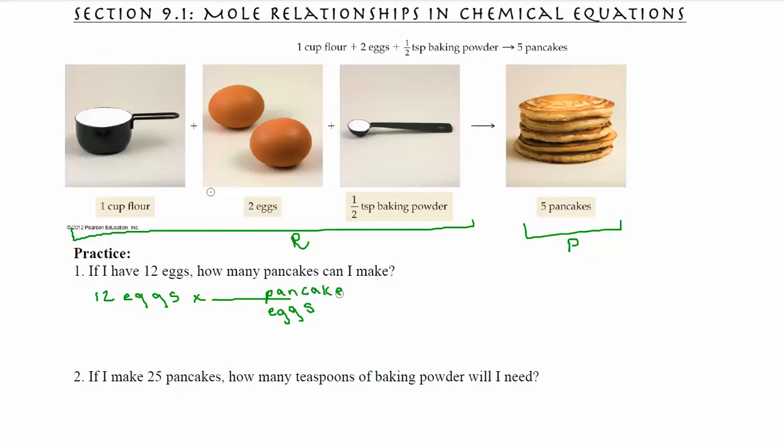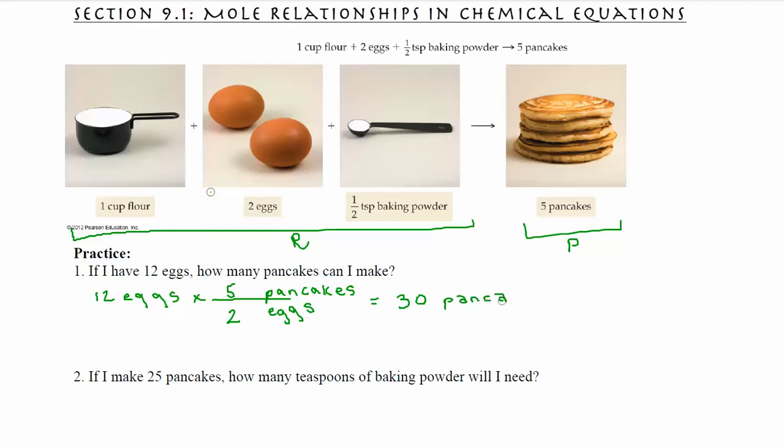Now, this relationship between eggs and pancakes is given in my recipe. I know that to make 5 pancakes, I need 2 eggs. And so when you do this math, what you should get is that with 12 eggs, I can make 30 pancakes.